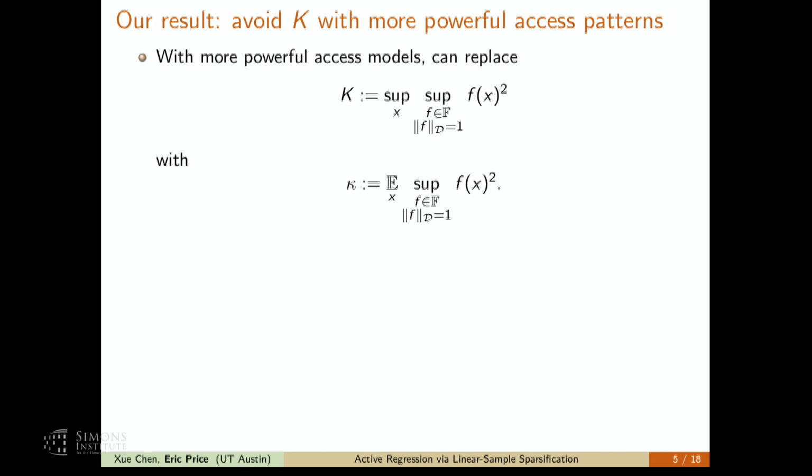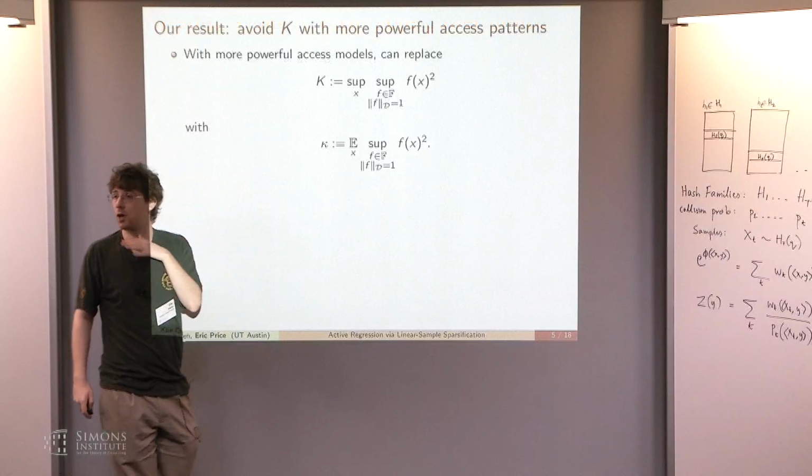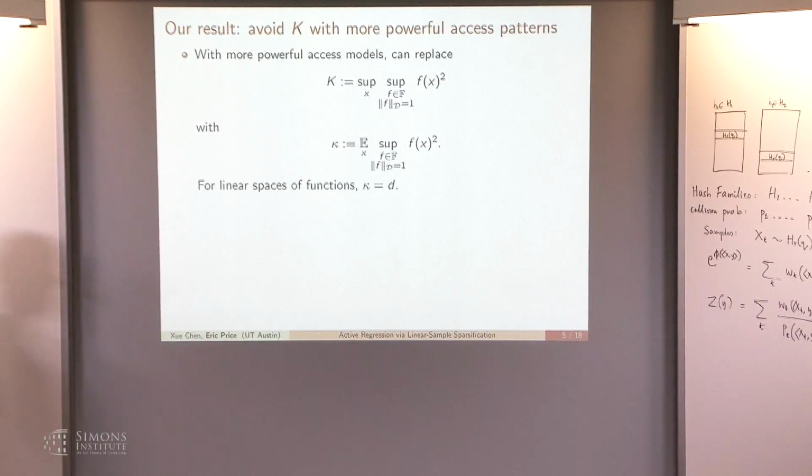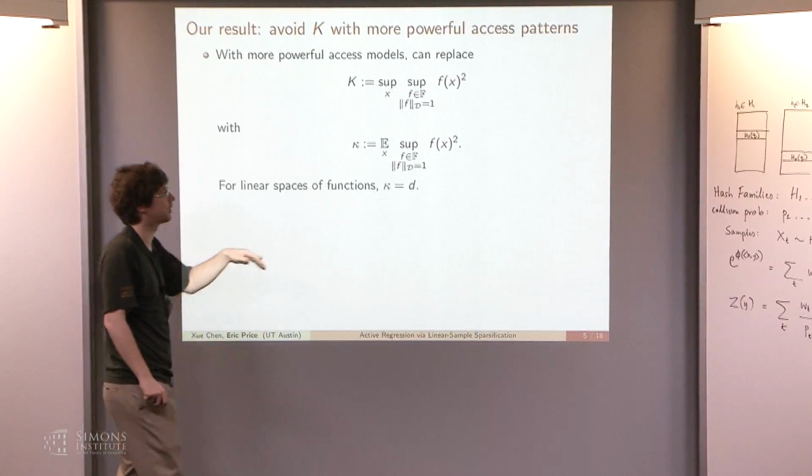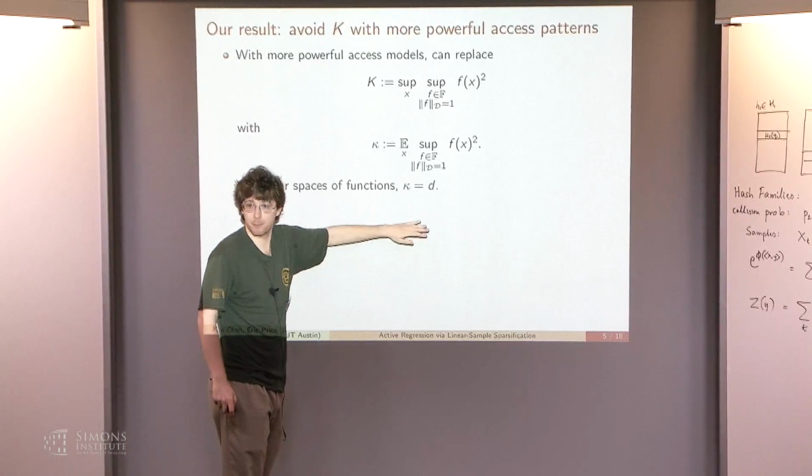For polynomials, there exist polynomials that have very high variance on the edges, but in the center, you can't be nearly as high in your variance relative to your average. And so the average importance of an x is not so large, and it would just get order d. In fact, for any linear space of functions, you can show that kappa is equal to d.